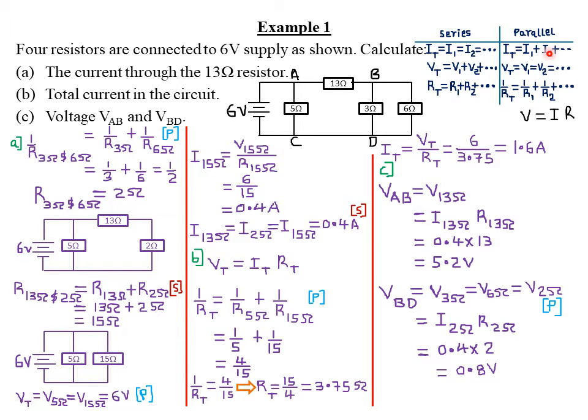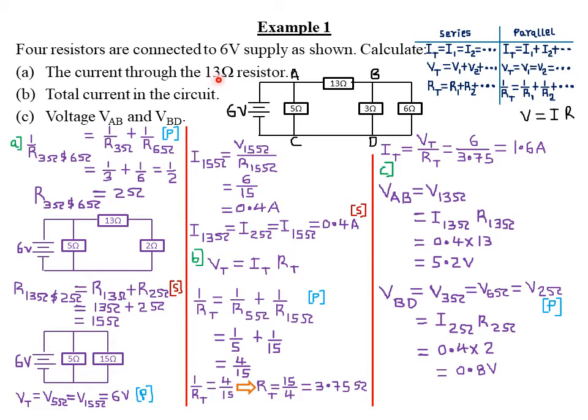However, if the current was the same, then I total would be equal to I1, which must also be equal to I2. So because different currents flow through the 5 ohm resistor and the 15 ohm resistor, we are talking of a parallel connection. Therefore, the 5 ohm resistor and the 15 ohm resistor are in parallel.